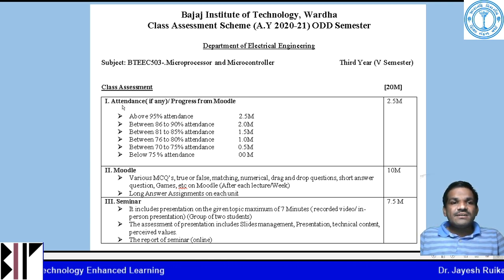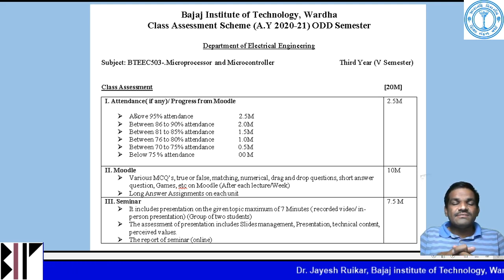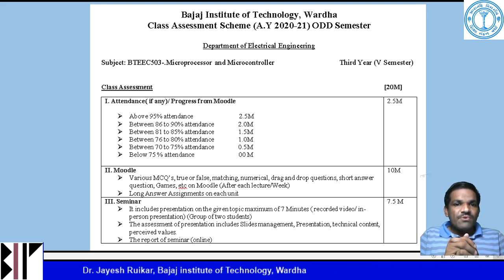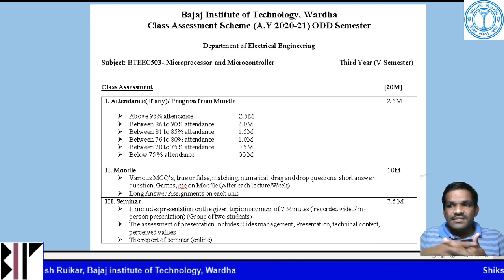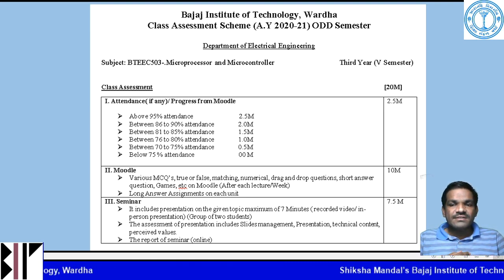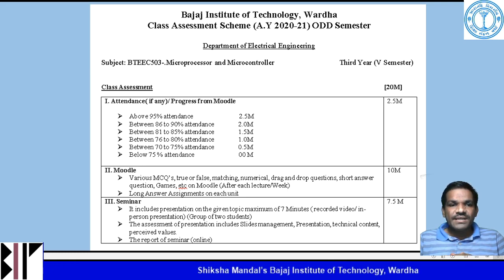In class assessment, the first point is your attendance, or you can say the progress from Moodle. Whatever the course page is and whatever your progress is, that is taken into consideration and your progress is monitored, and it gives you 2.5 marks out of 20 marks.